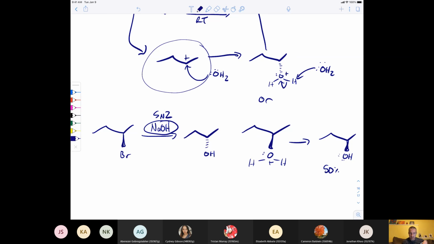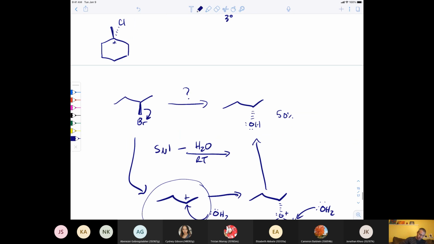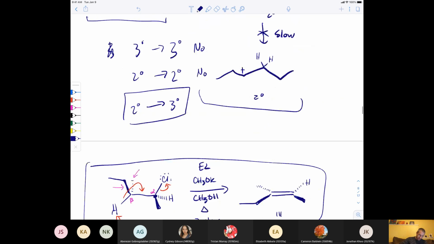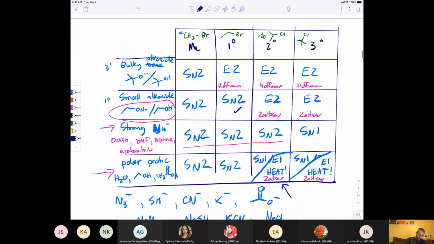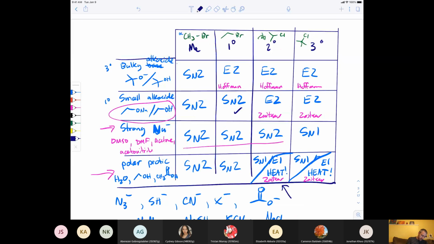You probably have not seen any examples with NaOH up to this point. The reason is hydroxide is both a strong nucleophile and a good base. If you go back to our chart, we have small alkoxides as one unit, and strong nucleophiles like hydroxide on another line.